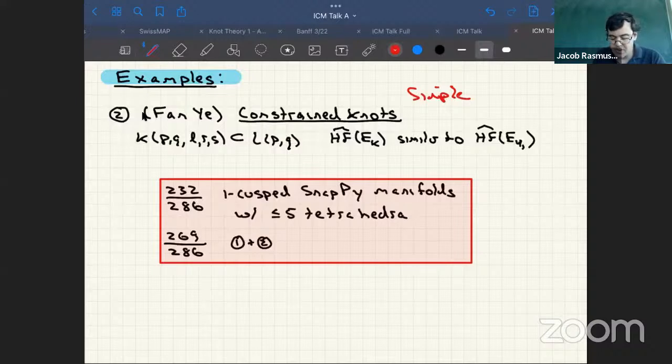For example, if you were to look at the smallest SnapPy census of hyperbolic manifolds, those with fewer than 6 tetrahedra, it turns out that almost all of them are either Floer simple or one-cusp or Berge-Gabai knots. So really, we can understand the Floer homology of all of these manifolds and their Dehn fillings very well, given only a little bit of data about them.